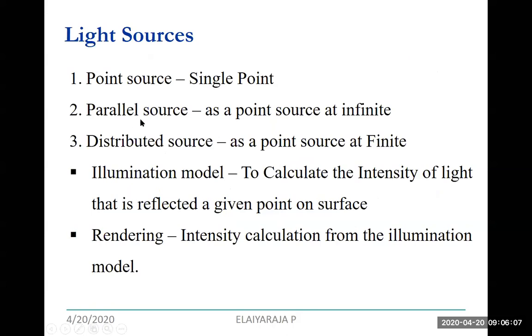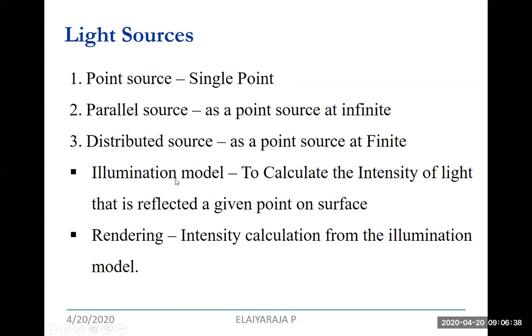A parallel source is a point source at infinity, for example sunlight. And a distributed source is a point source at a finite distance. You can take the example of your fluorescent light or tube light.